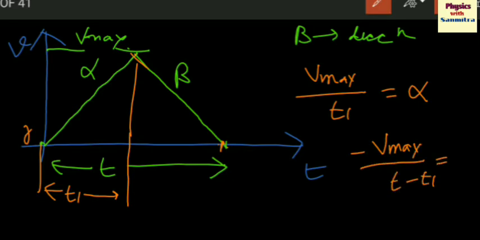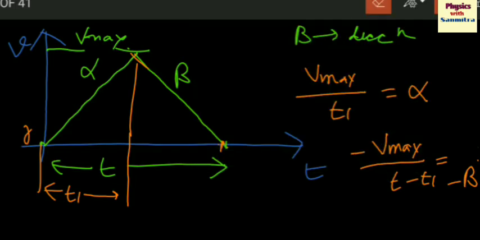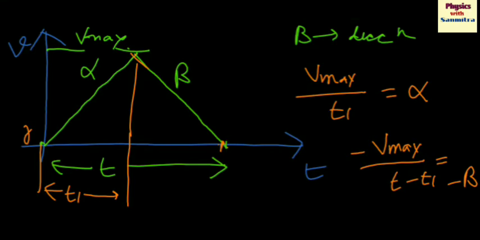That will be equal to minus beta, because change in velocity is acceleration. Here I am taking final velocity minus initial velocity, that is the definition of acceleration. Since I have written the definition of acceleration, I have to write minus beta and not plus beta.